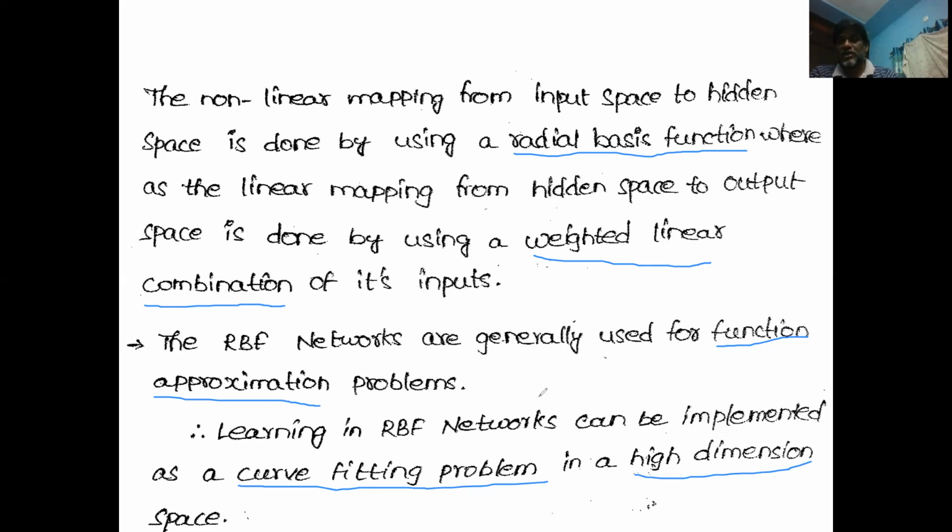What we do is we convert the low dimensional space into a high dimensional space first, and then we solve it as a curve fitting problem. The curve fitting problem solves it either as a linear separable, curve shape, or quadratic shape, as I explained in the earlier class.